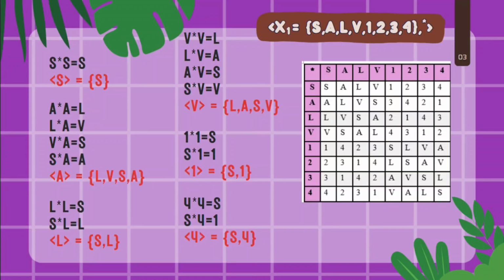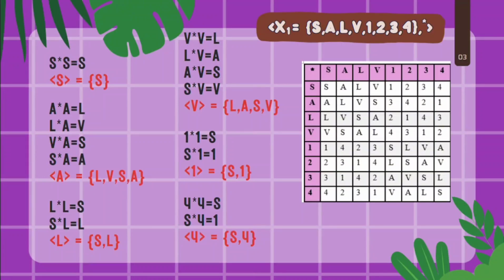Next is V. V star V is equal to L, L star V is equal to A, A star V is equal to S, and S star V is equal to V. So V is not a generator. Let's move to the element 1. 1 star 1 is equal to S, and S star 1 is equal to 1.